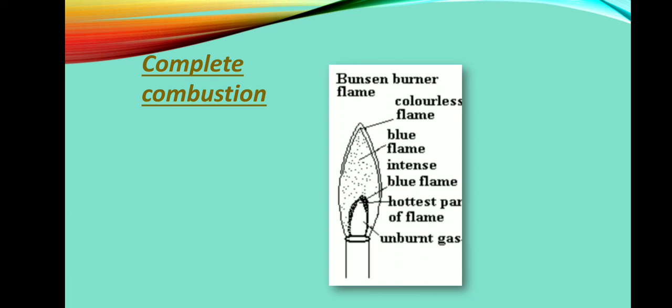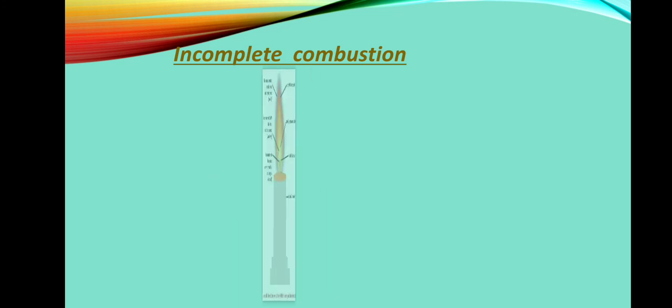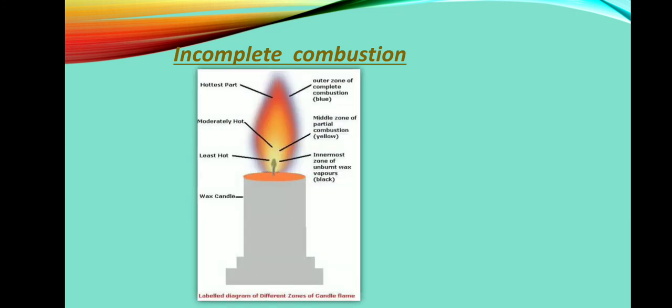Here this is an example. When the oxygen is used completely, that is a complete combustion. When the oxygen is used partially, that is an incomplete combustion. For example, the candle flame.